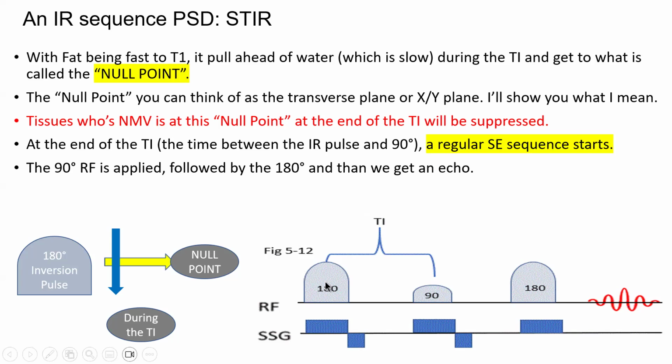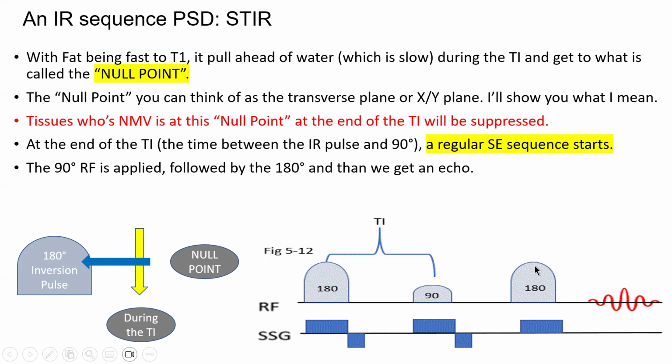The 180 knocked everybody down, and in between, during the TI, fat recovers to the null point. Then the 90 comes in, and water is going to get knocked from 180 into the transverse. Fat that was at 90 gets another 90 and gets knocked down to 180. That's the effect of the 90.